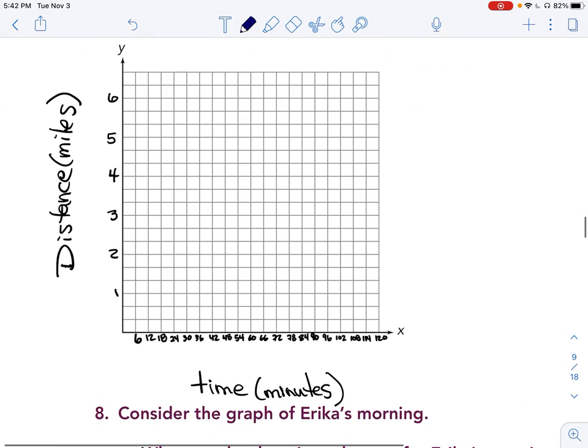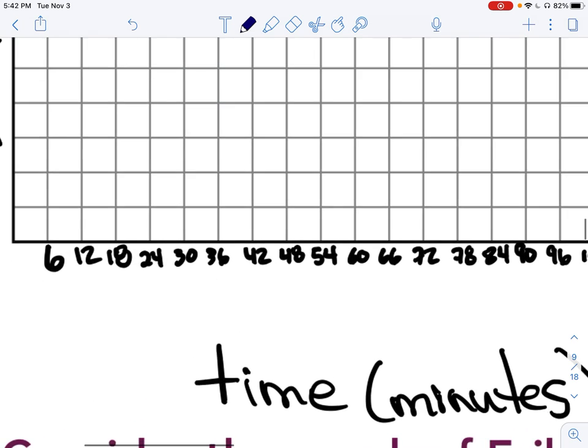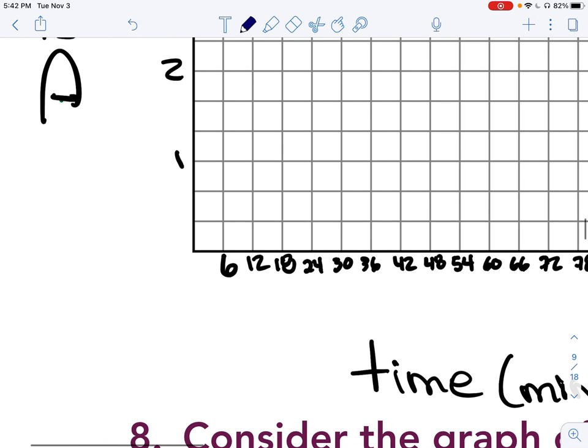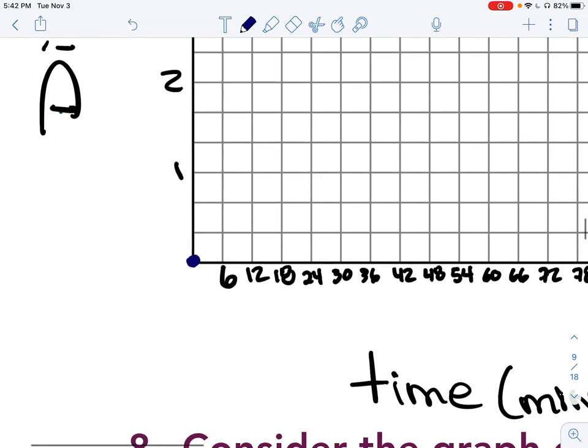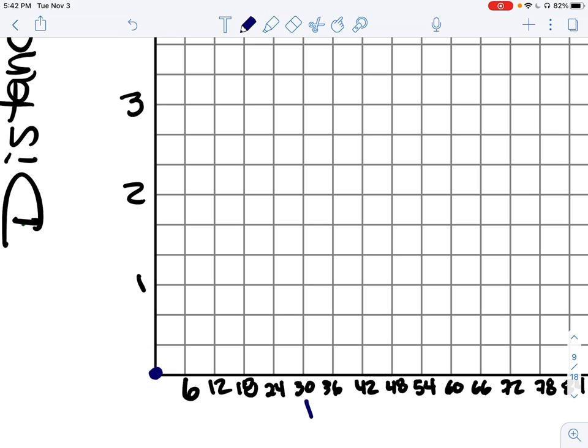So we're going to graph this. So as she started at home, I went up by 6s, by the way, on the bottom, and I went up by 3rds. So she started here. And at 30 minutes, she was 3 miles from home. So I'm going to connect the dots.